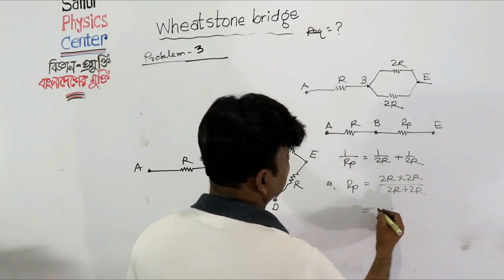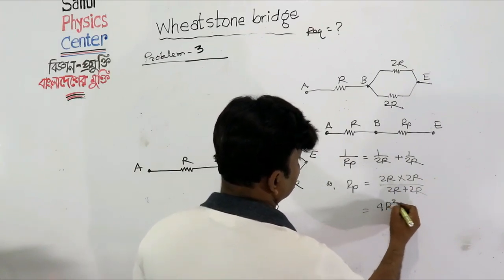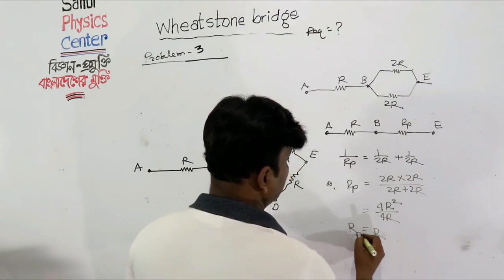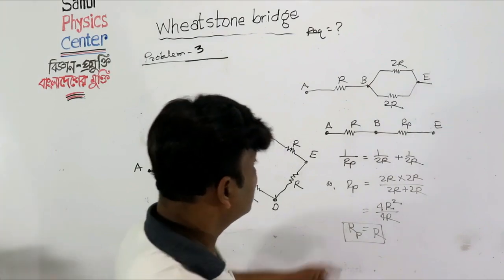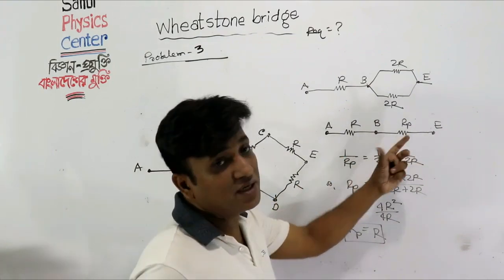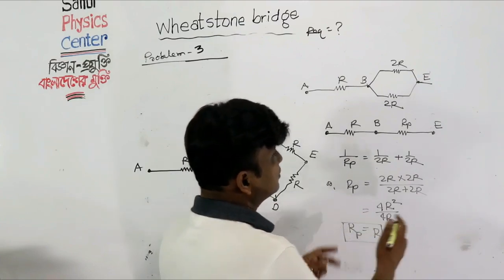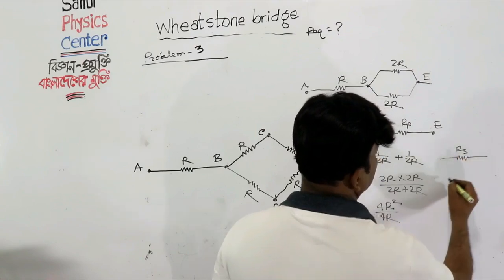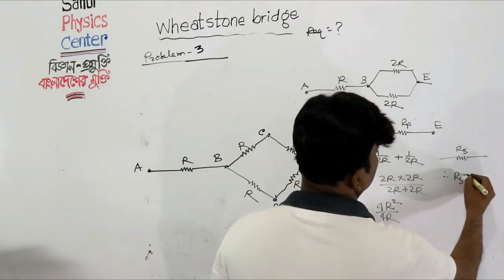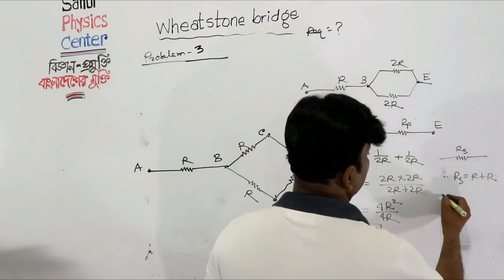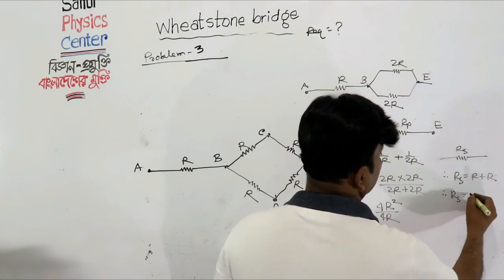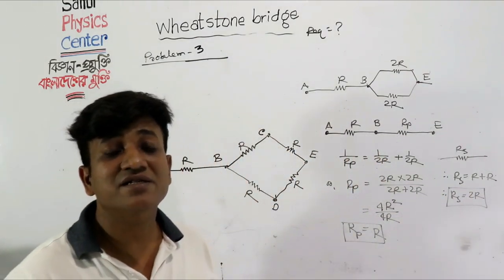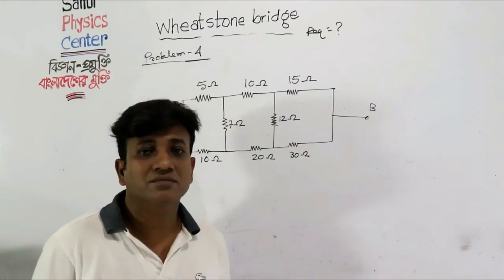So we get 4R square divided by 4R equals R. So here Rp is R. Now as R and Rp are connected in series, their equivalent resistance will be Rs, which is R plus R equals 2R. So this 2R is the equivalent resistance of this circuit.